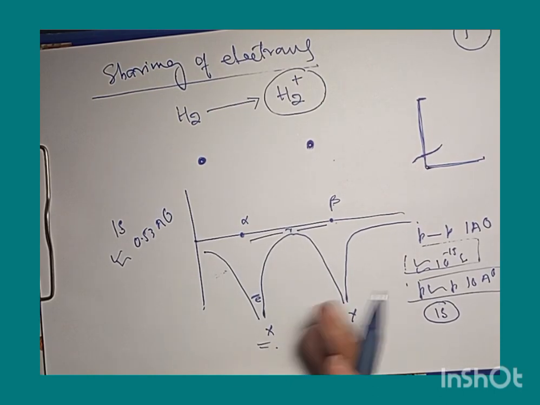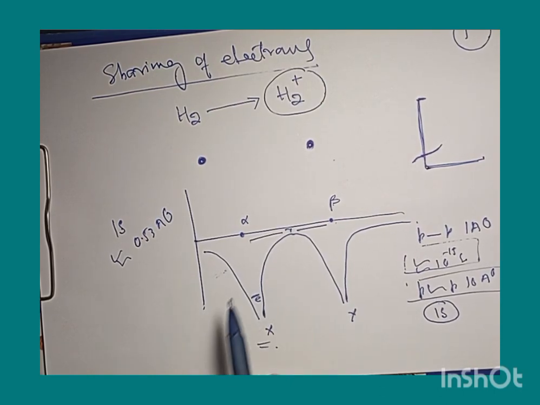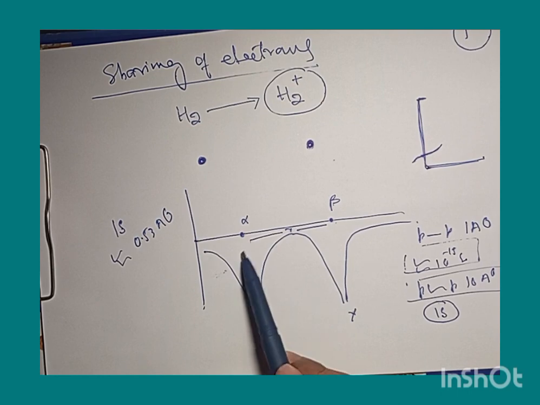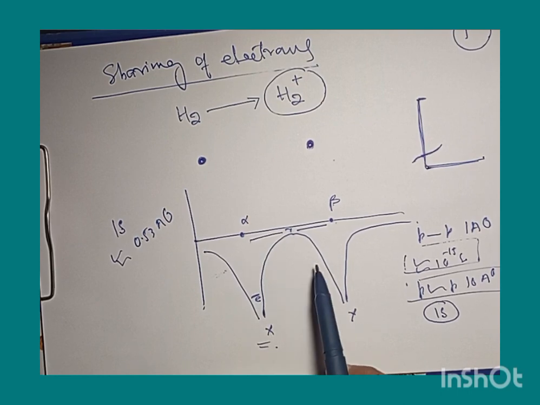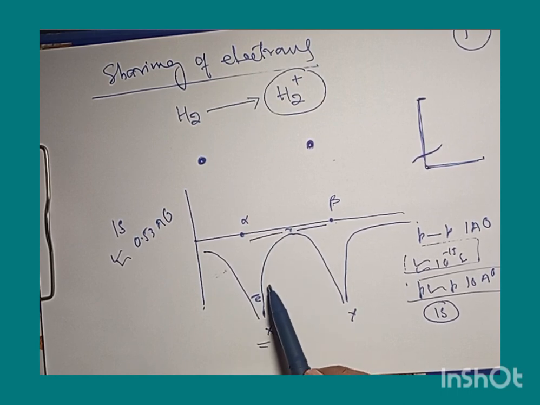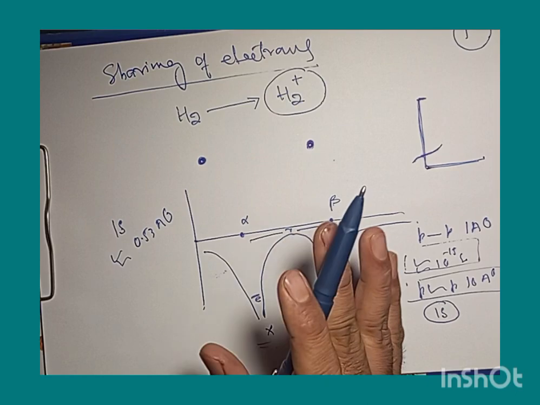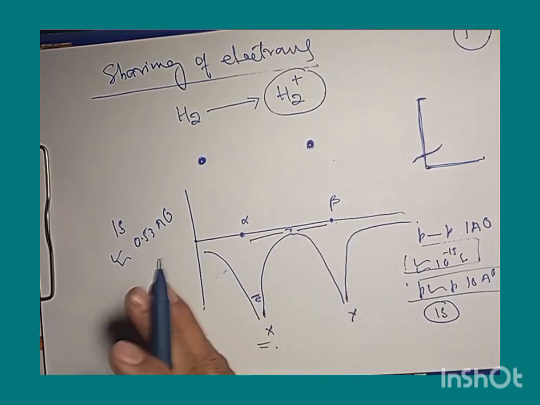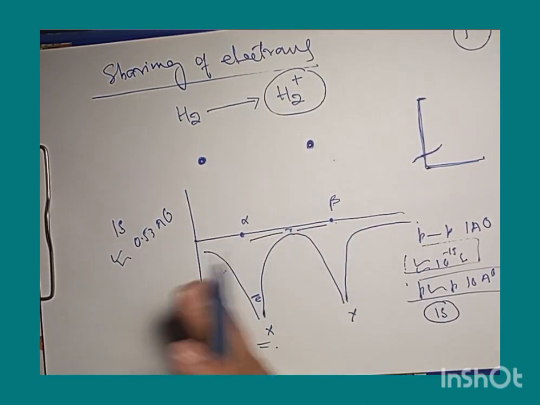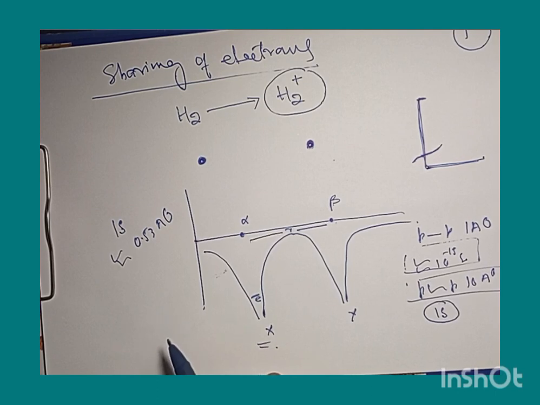And what can be concluded from here is that electron sharing can take place only between atoms whose wave functions overlap, and the wave functions should overlap to a very large extent. So they must be close to each other. The two protons must be very close to each other.